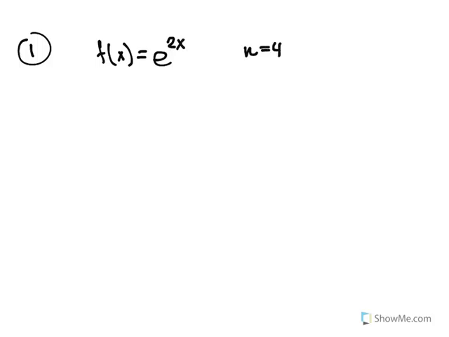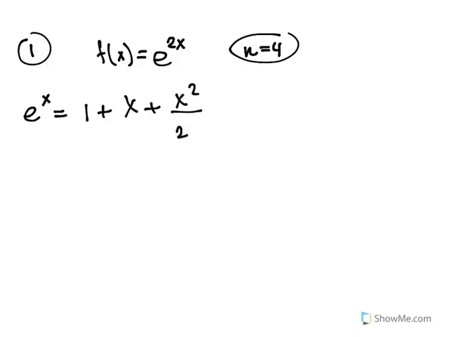So I guess they want only the first four terms. So let's see. As I said, you should remember without deriving, you should be able to tell that the Maclaurin series for e to the x is 1 plus x plus x squared over 2 factorial plus x cubed over 3 factorial, and so on.